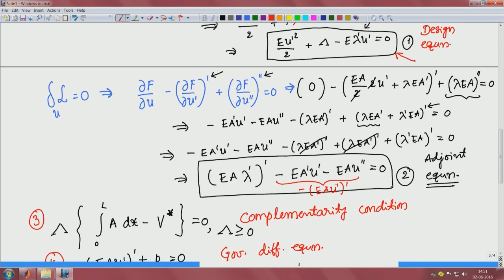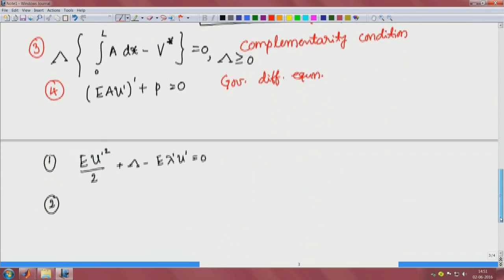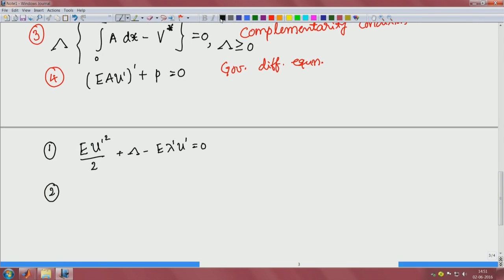So, it is E a lambda prime prime minus E a u prime prime. The second equation, which we call the adjoint equation, is E a lambda prime prime minus E a u prime prime equal to 0.